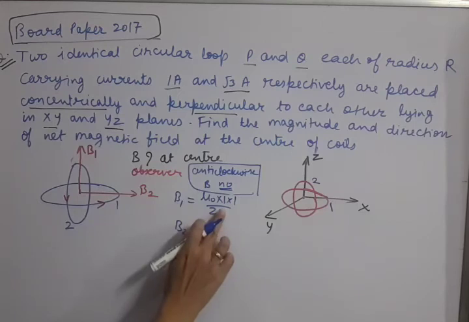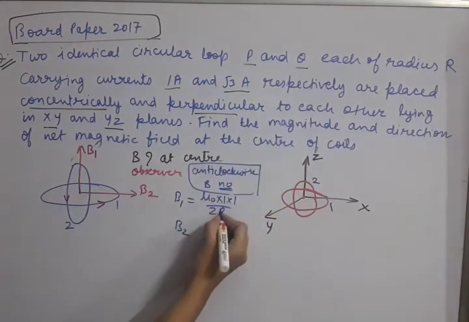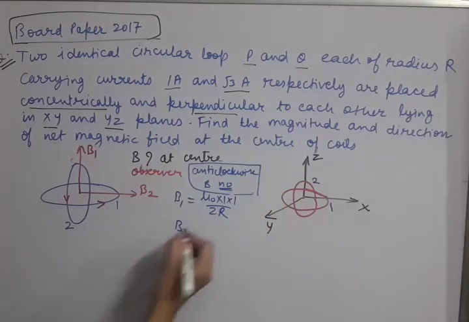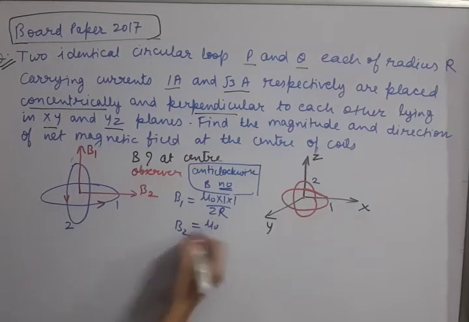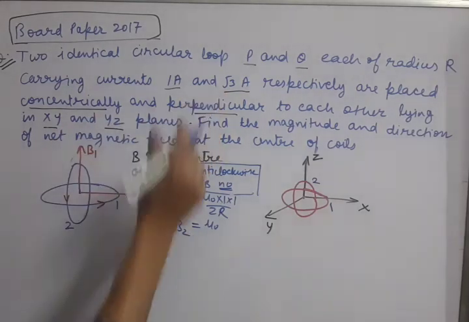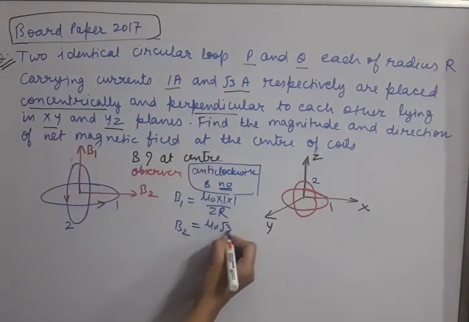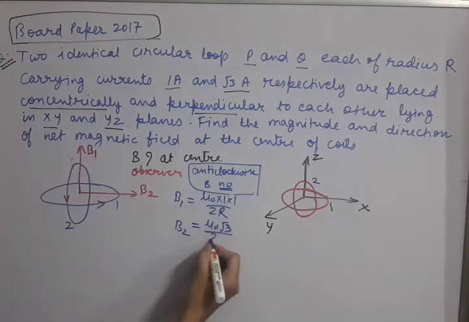And the radius of each coil is given as R. Now let us put the current for the second case. The current is root 3. So mu 0 root 3, and the radius is the same, 2R, meaning R. This way the magnitudes are prepared for both magnetic fields.